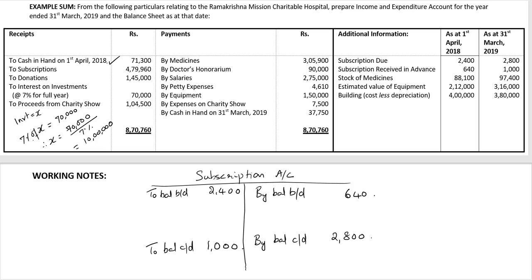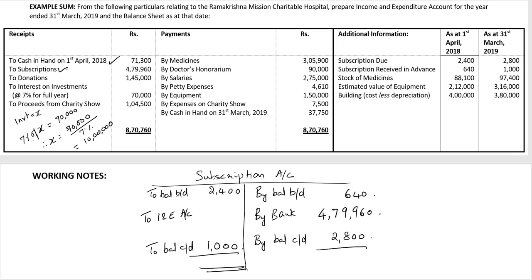The total subscription received in the current accounting period, we can take it from the receipt side. It's given as 4,79,960 rupees. So by bank 4,79,960 rupees. The balancing figure is the amount to be taken to the income side of the income and expenditure account.